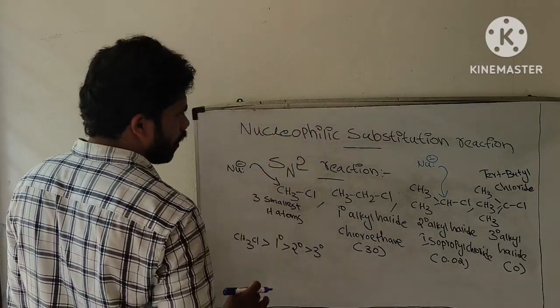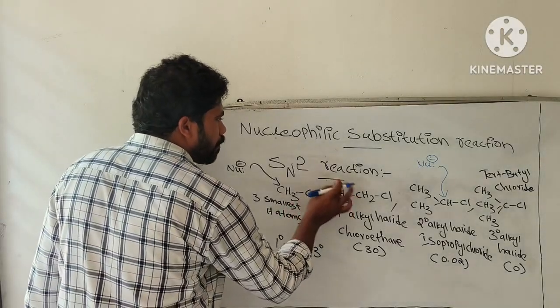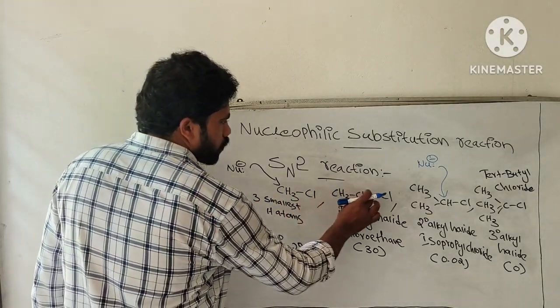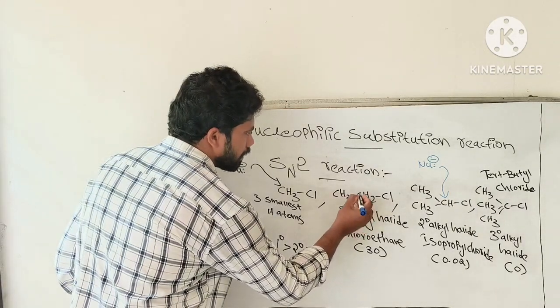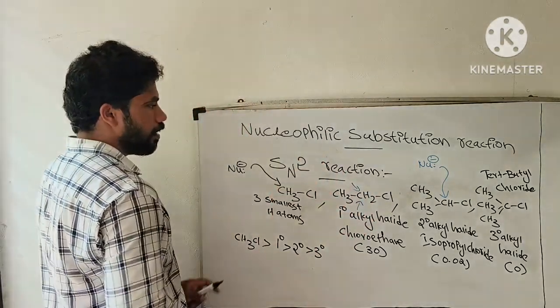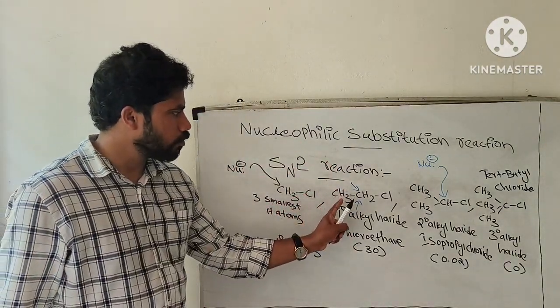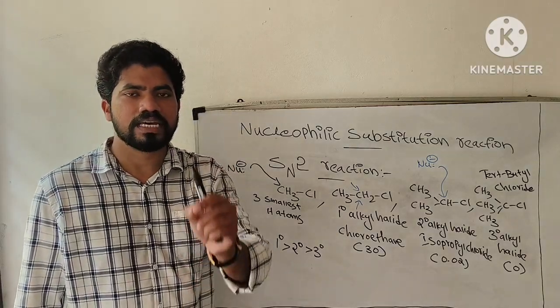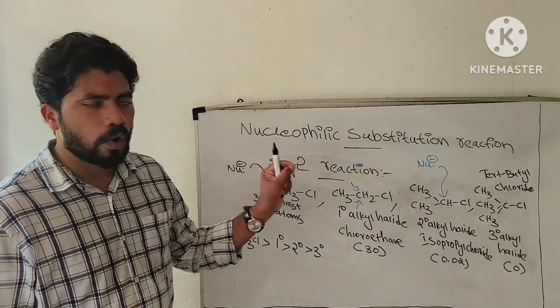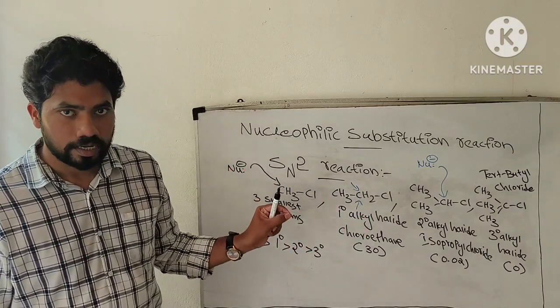And in the case of CH3CH2Cl, there is only one methyl group, and the rest of the valence is filled by two hydrogens. So it is very easy for the nucleophile to attack, because only one bulky methyl group is present. So the steric effect has a very important role in the order of reactivity of alkyl halides towards SN2 reaction.